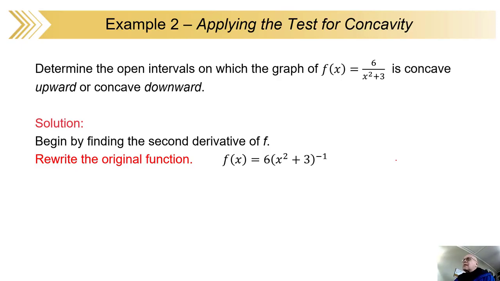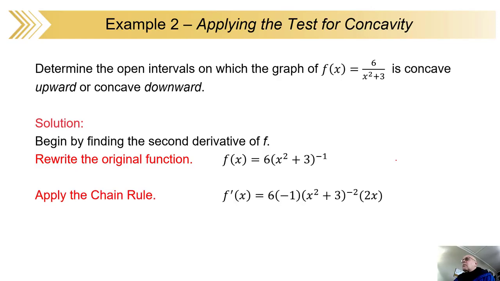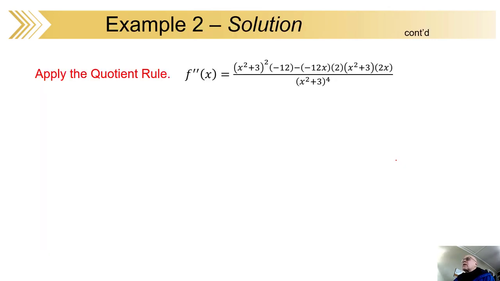I've already done it in PowerPoint. Apply the chain rule to get the derivative. Clean that up a little bit with some algebra. Here's your first derivative. That's the start. What's next? Apply the quotient rule, of course.